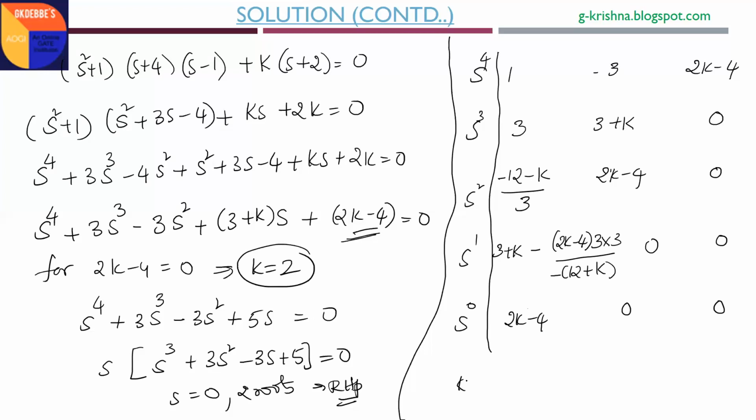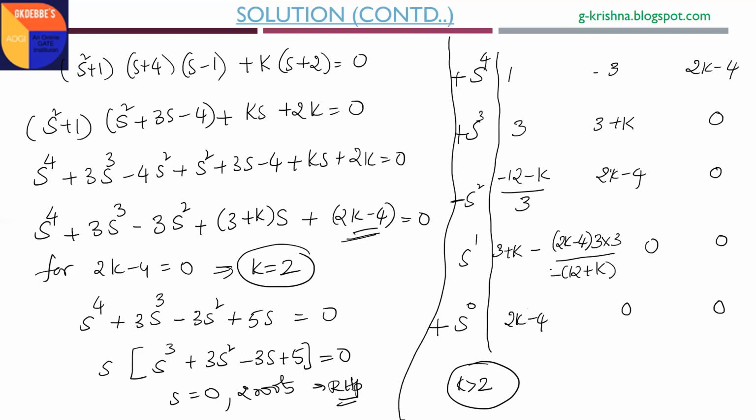Definitely for k greater than 2, that is 2k minus 4 greater than 0 or k greater than 2, this will be positive. This 1 and 3 are already positive, plus, and for k greater than 2, this is already negative, minus of (12 plus k). For any positive value of k, this will be always negative for us.